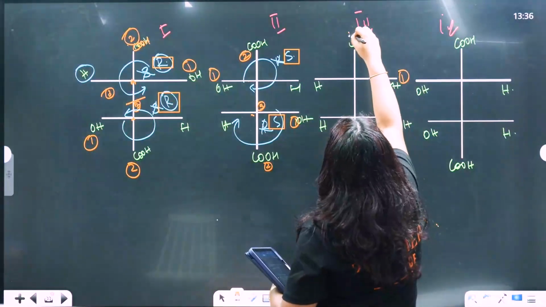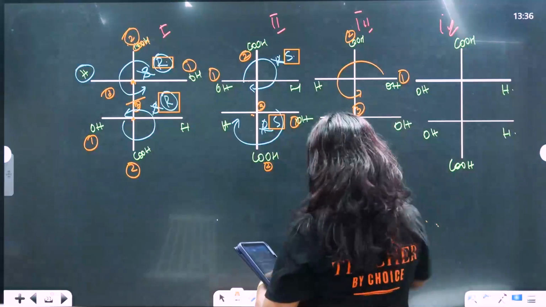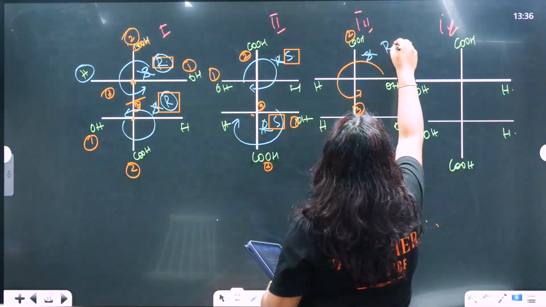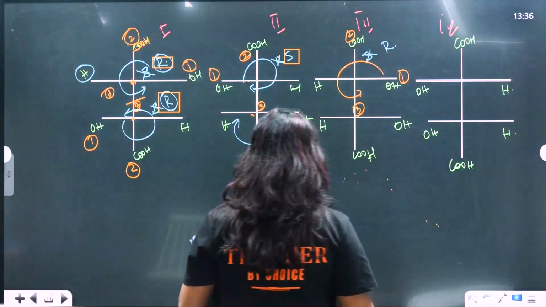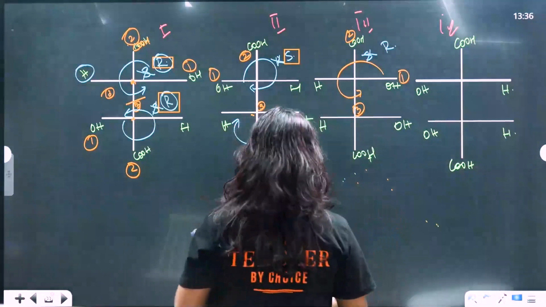First one, second one, third one, which means this is the order. So we are expecting that to be S, right? But it is not S, it is R, since hydrogen is in the horizontal position. So instead of S, we will consider R.